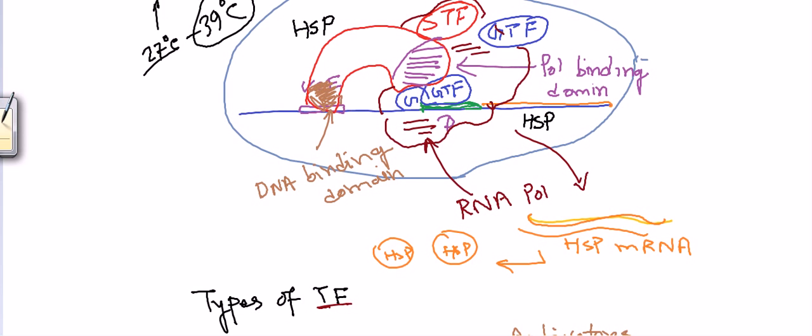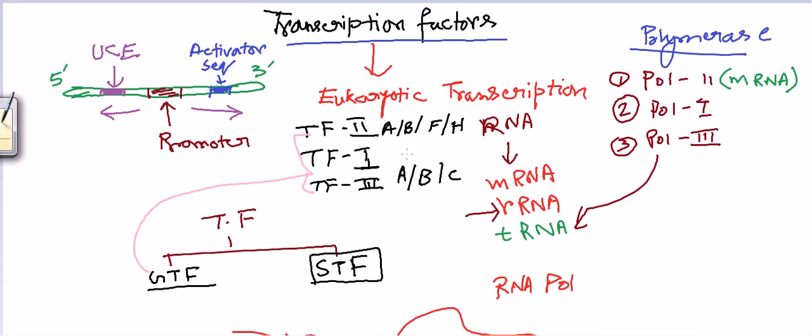So let me write it here. There are also mediators that are present. So let me write the example of mediators. Mediators will work with transcription factors, TFs, to bring either of the two effects.